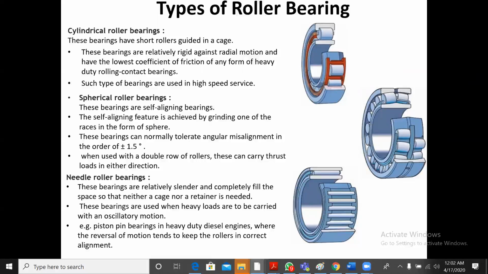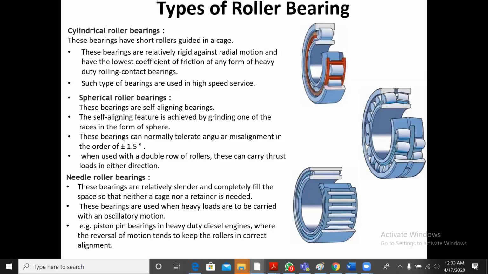Then come to the needle roller. In the case of a needle roller bearing, the roller diameter is very small as compared to the length of the roller. The needle rollers are just cylindrical rollers, but the slenderness ratio is very high for the needle roller bearing.